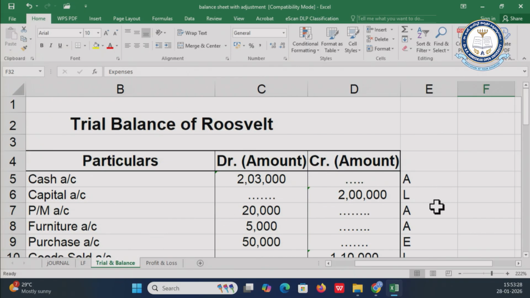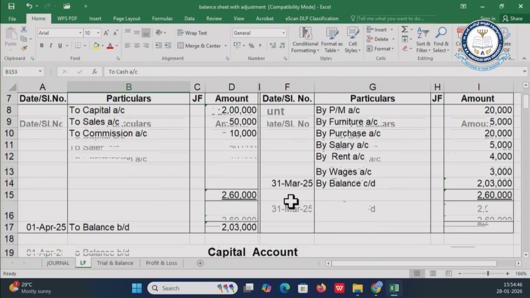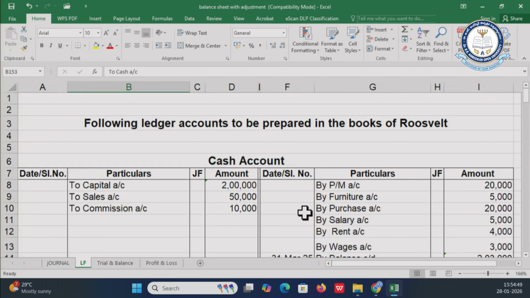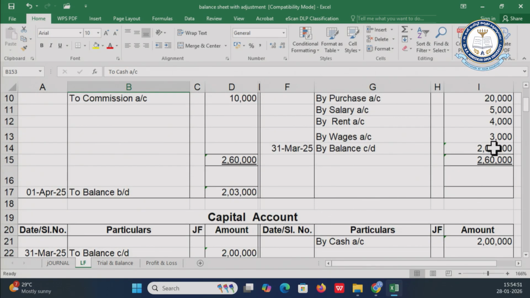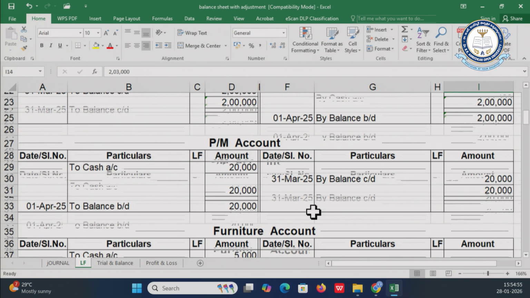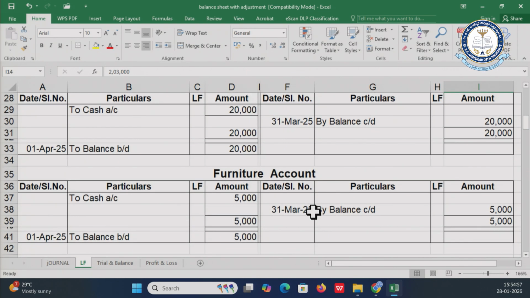Now our revised trial balance is this. This cash account also gets changed. Earlier when you prepared the cash account, it was 2,03,000, but because you bought something, because you sold something, the cash changes. Whenever you are selling goods, cash comes in.